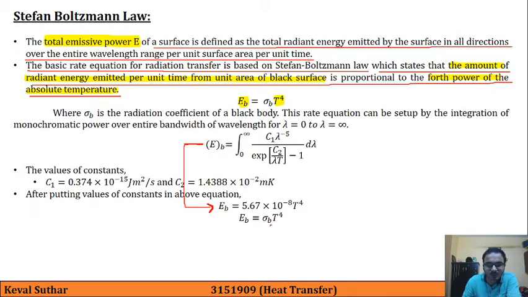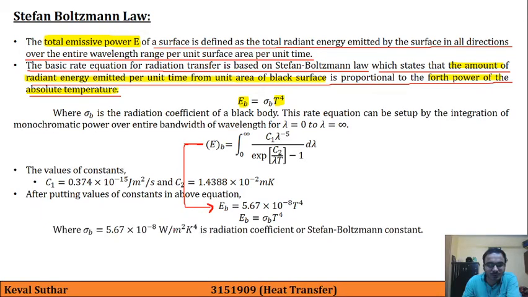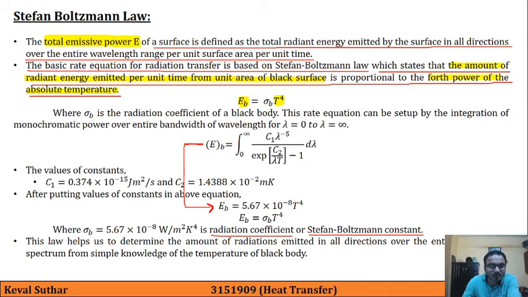So EB is equal to sigma B into T raised to 4, where sigma B is given by 5.67 into 10 raised to minus 8 watt per meter squared Kelvin to the power 4, that is the radiation coefficient, or it is also known as the Stefan-Boltzmann constant. This law helps us to determine the amount of radiation emitted in all directions over the entire wavelength spectrum from simple knowledge of temperature of black body.